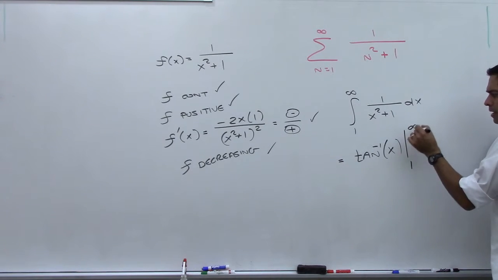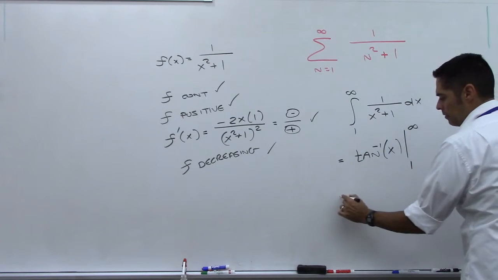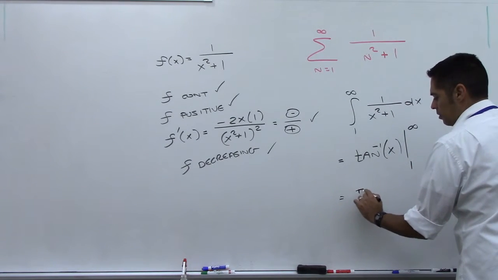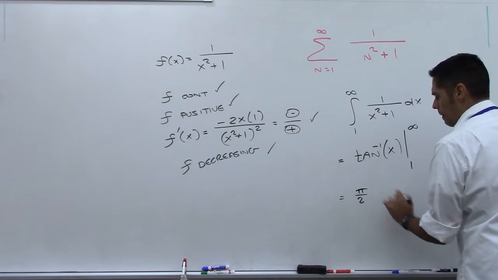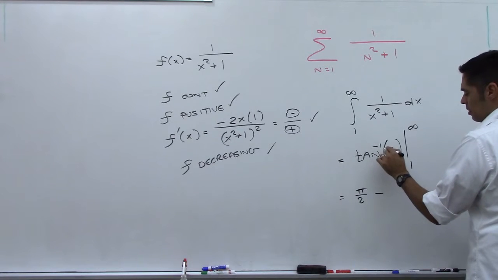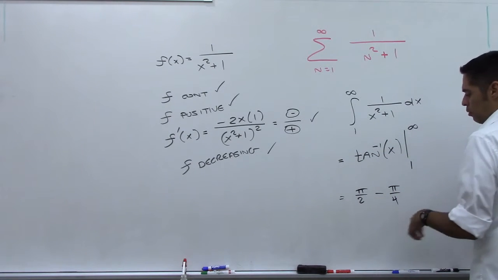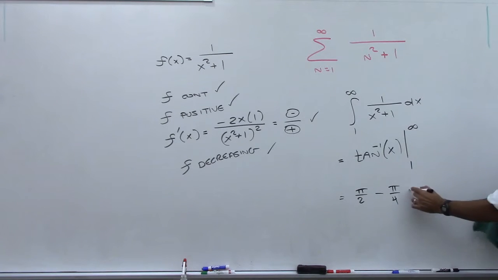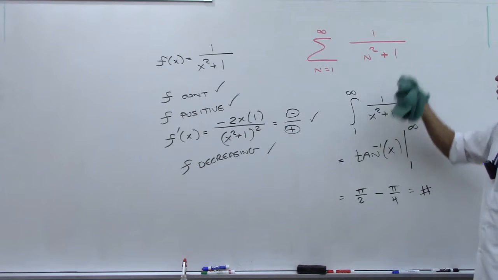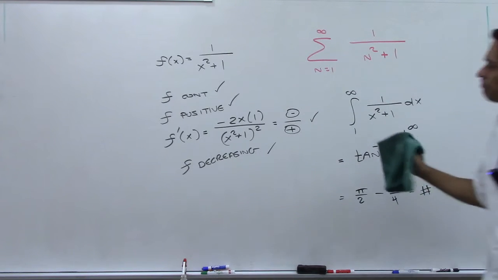If I plug in infinity, the arctangent of infinity, remember we've done this a lot, is pi over 2. And then minus what we get when we plug in 1, so tangent inverse of 1 is pi over 4. But the most important thing is that this is a number, and that converges. So this integral converges, which means that converges.